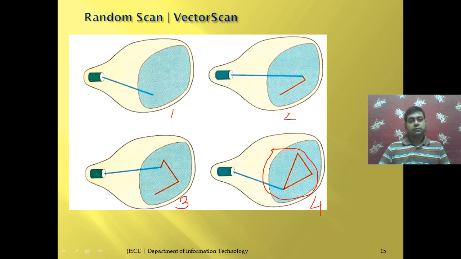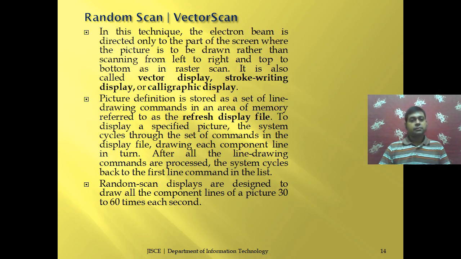From this particular point, this random scan or vector scan starts drawing. So the line is completed like this, then moves upward, then comes backward. So this is the way the random scan or vector scan works, and finally it creates the image that it's supposed to. So here we can tell that it is a stroke writing display.